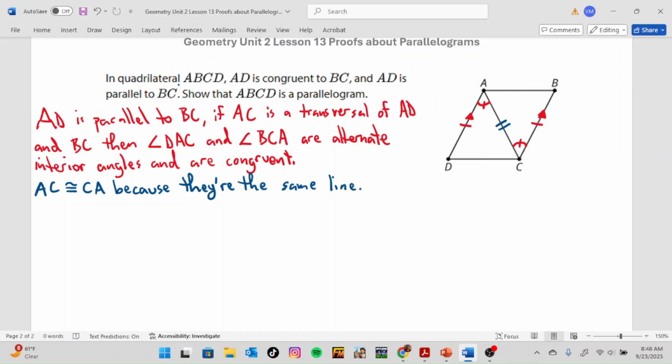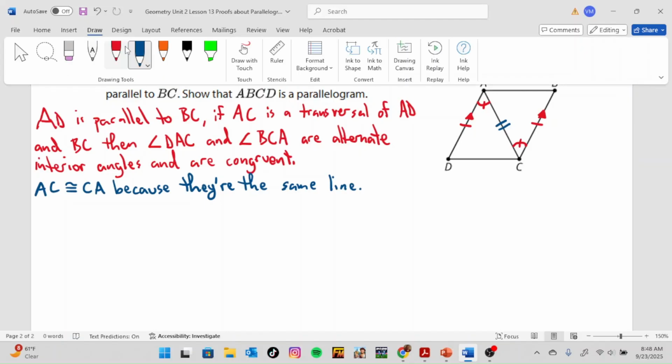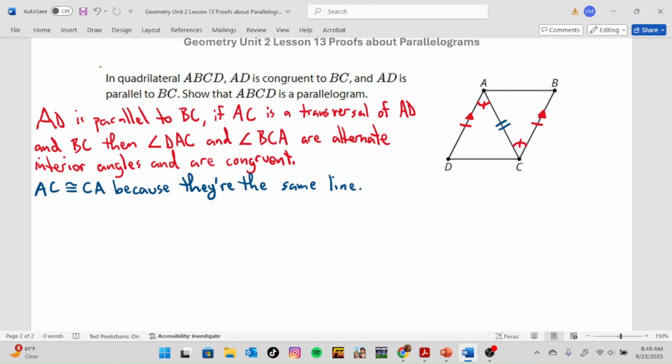So now if you look, I have side, angle, side. So that means the two triangles are congruent to each other by the side-angle-side triangle congruence theorem.